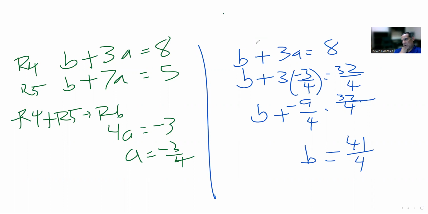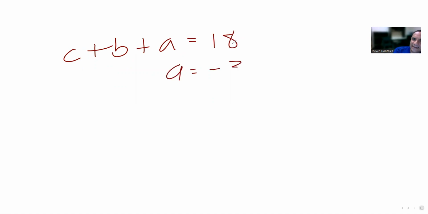Now I'm going to go to the last phase. Let me go to another whiteboard. A plus B plus C is 18. Well, it was the other way. Let's keep this right. C plus B plus A is 18. We know that A is negative 3/4, or was it?